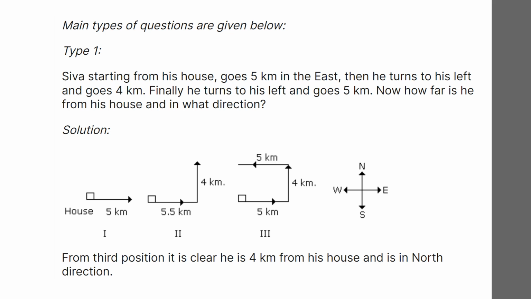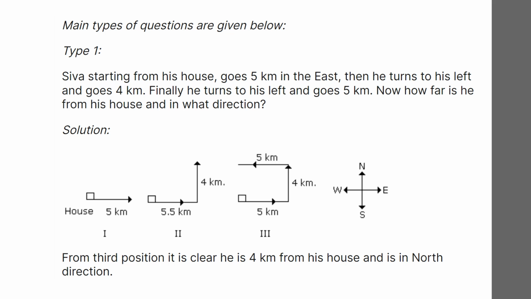Then he turns to his left and goes 4 kilometers. So it states us that you have to imagine that you are walking towards the east, and where is your left? It is nothing but the north. Finally, he turns to his left and goes 5 kilometers.